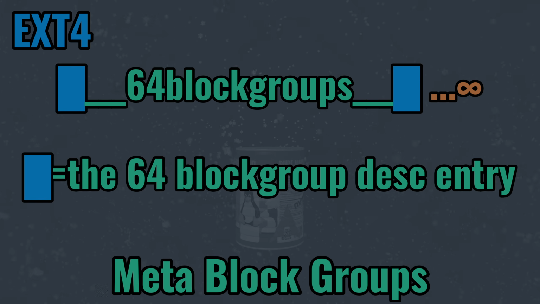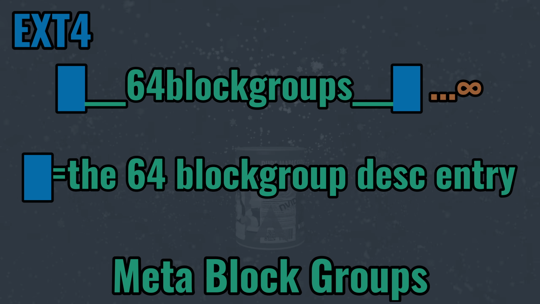So the goal here is to have each meta block group only controlling the data that is inside of them. The reason why you would want to do that is to change the limit, because before, the limit of block groups that were possible was due to the maximum size of the block group descriptor table. By doing that quick change, the limit now becomes the amount of block group descriptor entries that we can create. And that limit turns out that we can have up to 32-bit of block group descriptors, which gives us 512 petabytes of data.